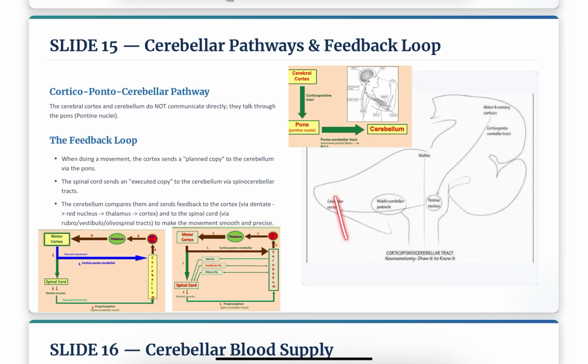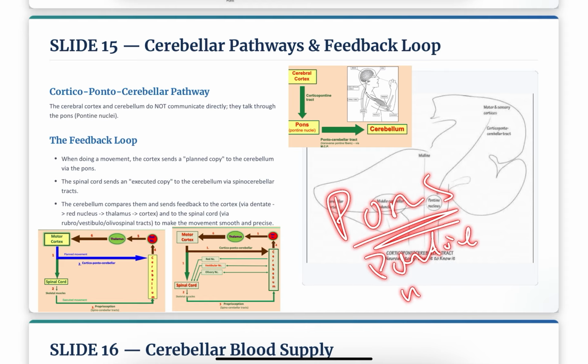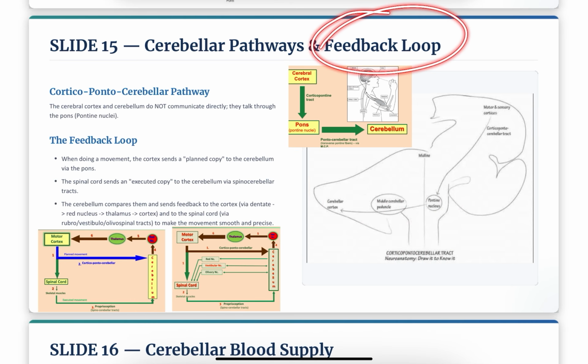Instead, they communicate through the pons, specifically through the pontine nuclei. So we need to think of movement as a feedback loop. When the cortex plans a movement, it will send a planned copy to the cerebellum through the pons.